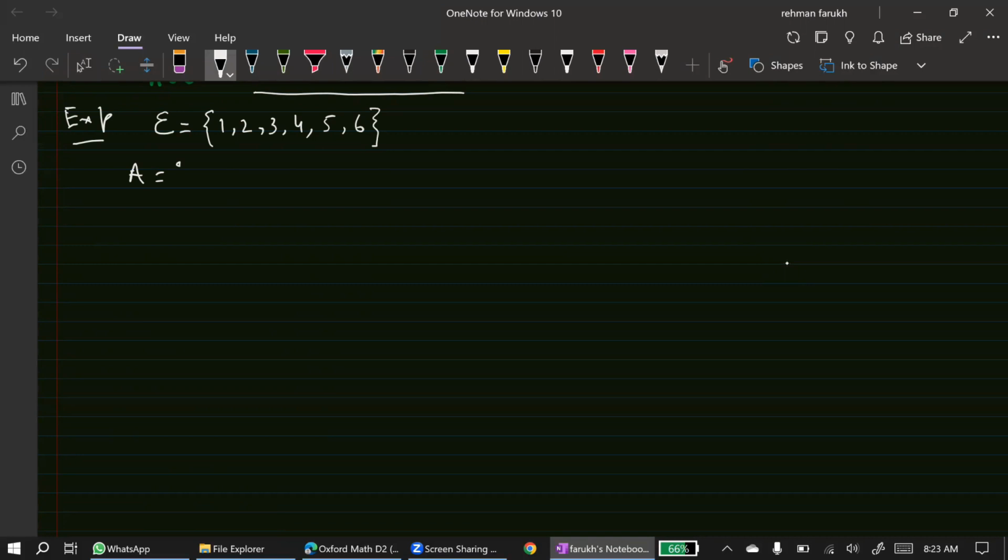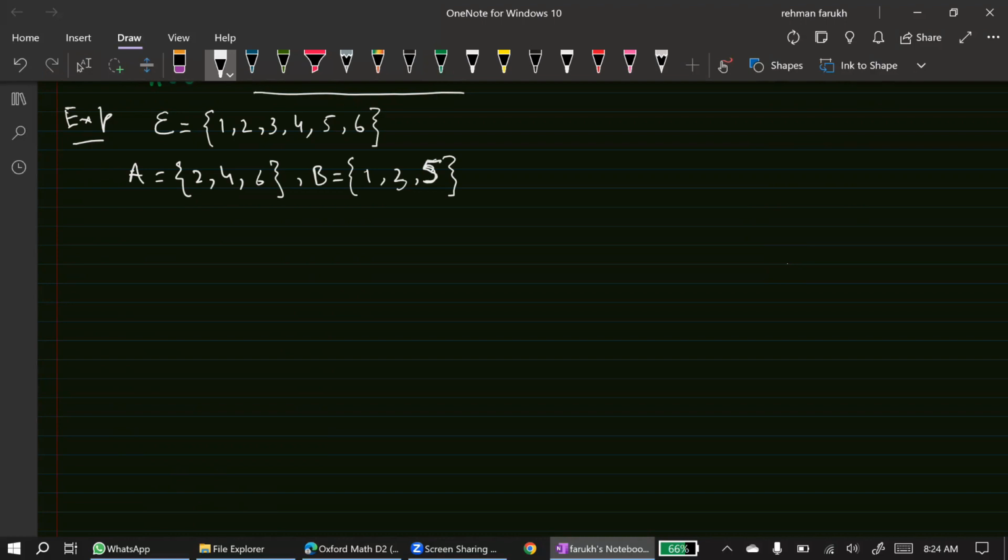A is the set of even numbers and B is the set of odd numbers. Can you see a common element in both the sets? 2 will not come in odd numbers: 1, 3 and 5.